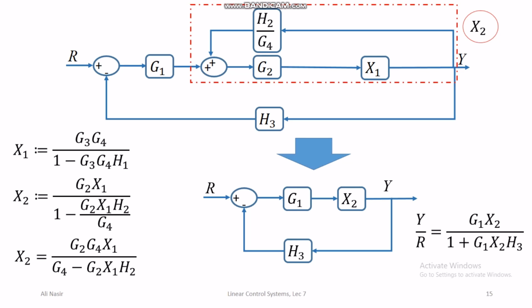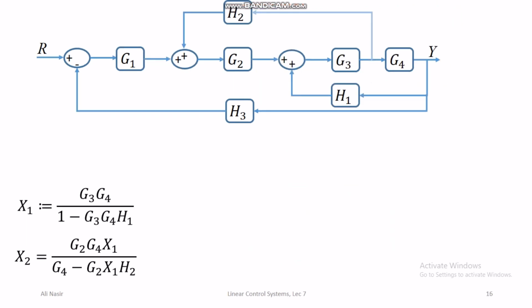So next what we do is we come back. One thing you have to notice is that although we have manipulated the block diagram, we have preserved the properties of the block diagram in such a way that the transfer function between y and r that we have calculated on this slide is basically applicable to this original block diagram.